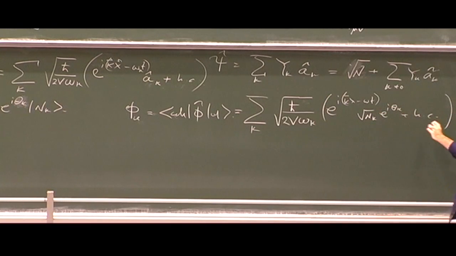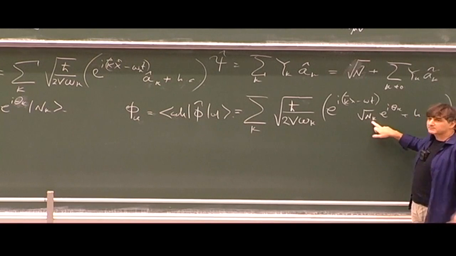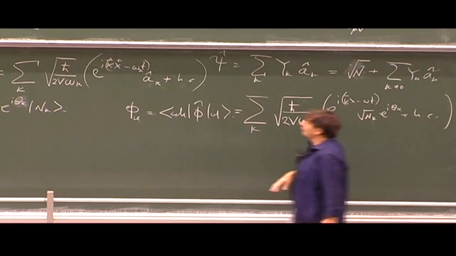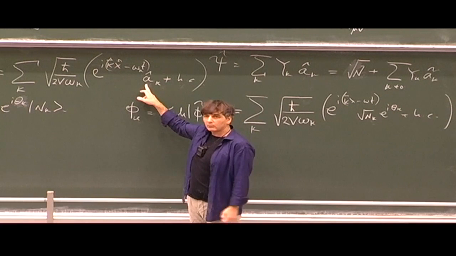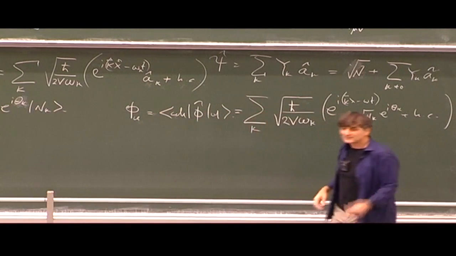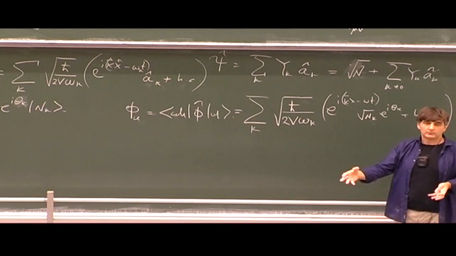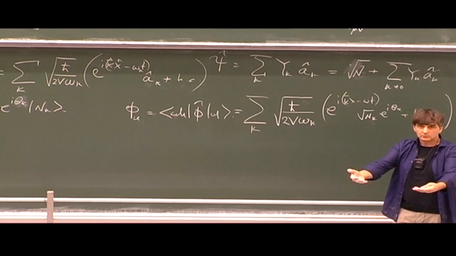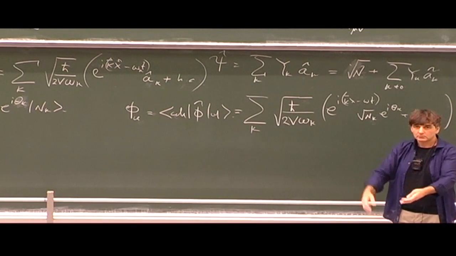Now we got this expression, and everything is C numbers. So there's a classical field with certain Fourier harmonics. Each expectation value of the creation and annihilation operators acts like a Fourier component of the classical Fourier expansion.